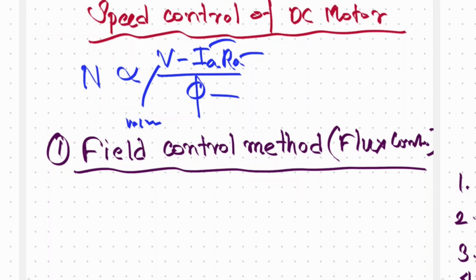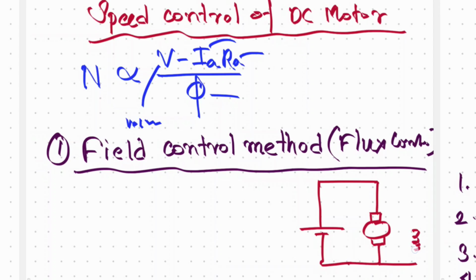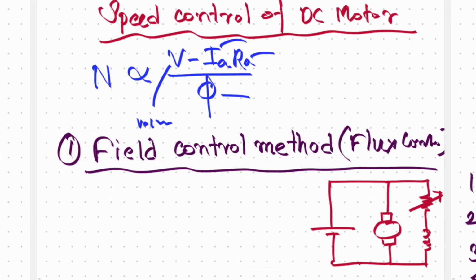From the circuit diagram we can easily understand: here is the supply, this is the armature, and this is the field winding. Some variable resistance is inserted in series with the field winding. By varying it we can control the speed of the motor. The principle is N proportional to 1 by phi.